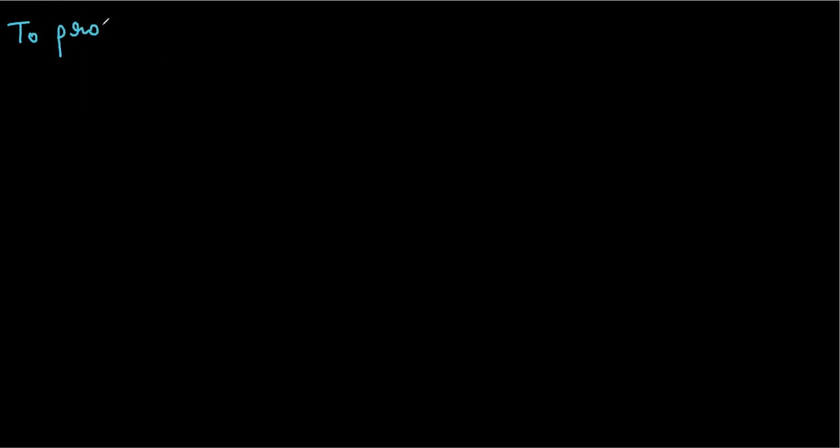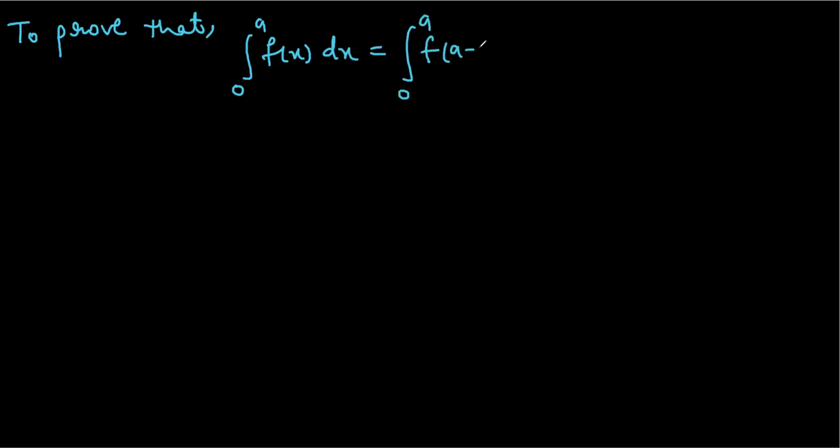To prove that the integral from 0 to a of f of x dx is equal to the integral from 0 to a of f of a minus x dx. I have to prove this.